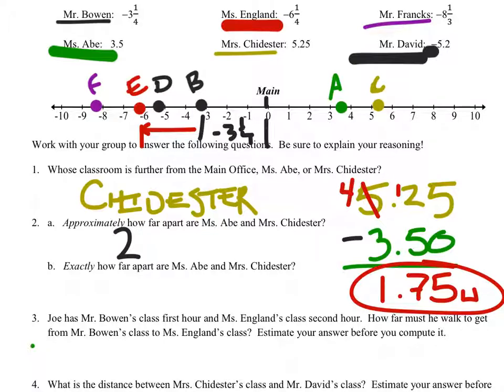How far apart are these two classes? Well, England is at negative 6 1/4. So taking off the quarter, we can kind of ignore those because we're still in the negatives. How far apart are negative 6 1/4 and negative 3 1/4? That would be exactly 3 units.